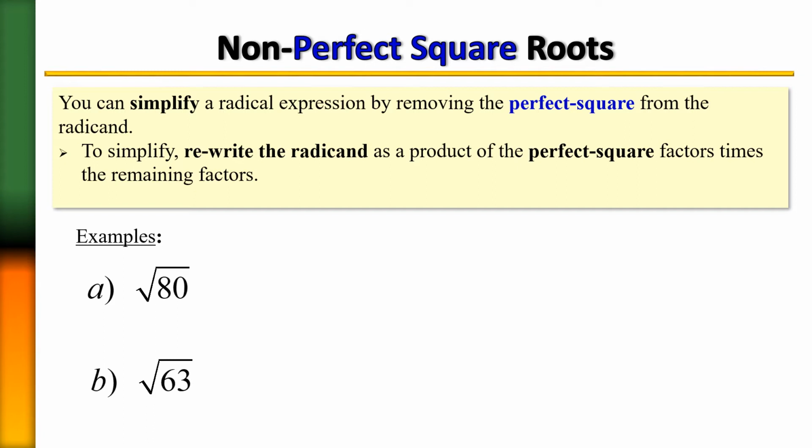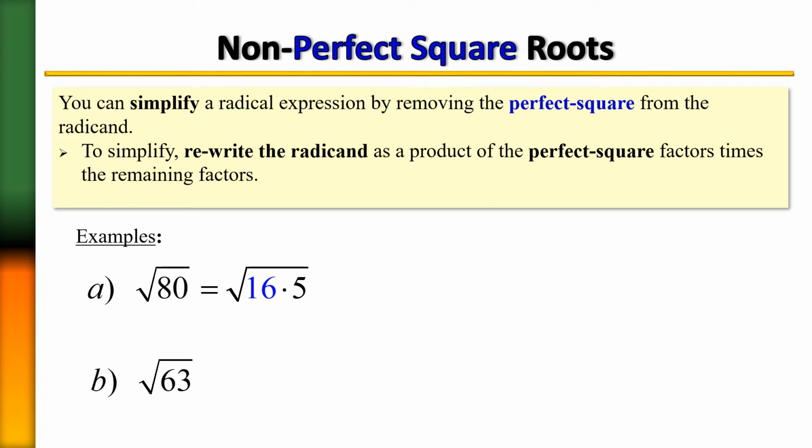In this case of 80, you always want to find, by the way, the largest perfect square root inside, because yes, 80 does have a perfect fourth root inside of it, but we want the biggest root that it has inside of it, and the biggest root it has is 16, because 16 times 5 is 80.